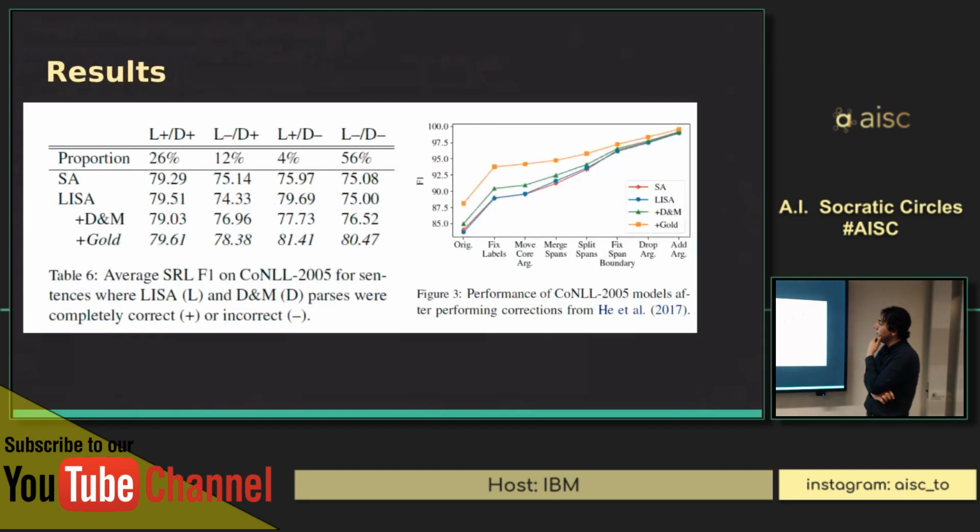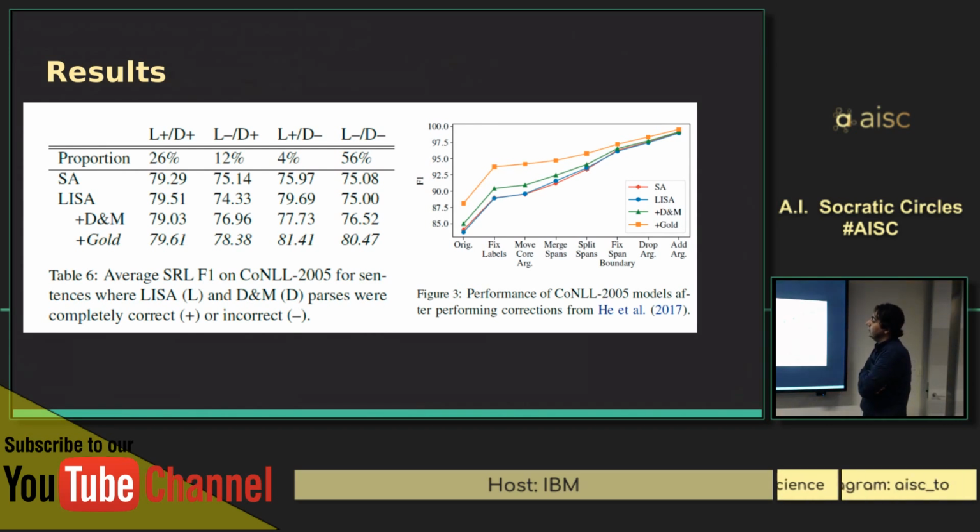Okay, great. Over here, what's going on? Table 6, average semantic role labeling F scores on CoNLL 2005 for sentences where LISA and DNM parses were completely correct or completely incorrect.